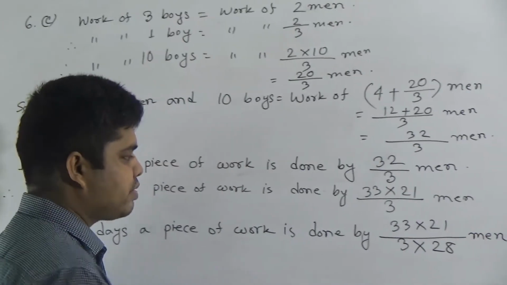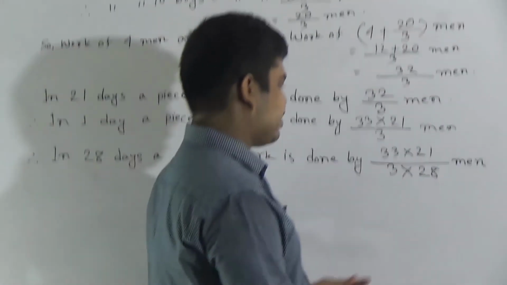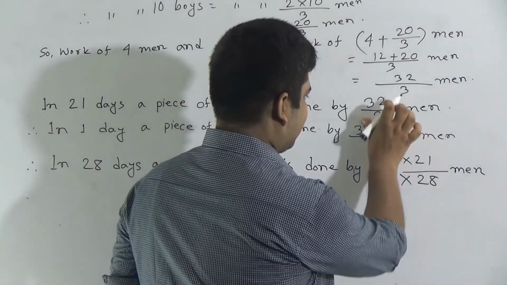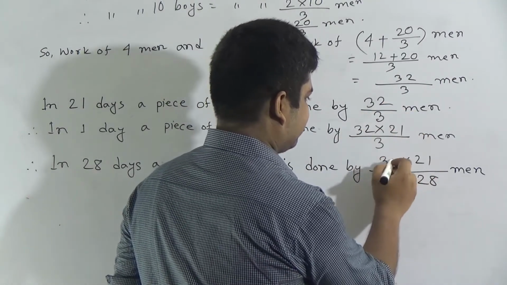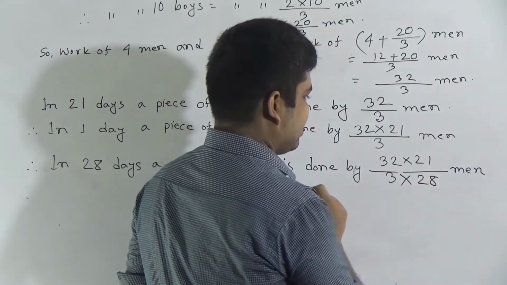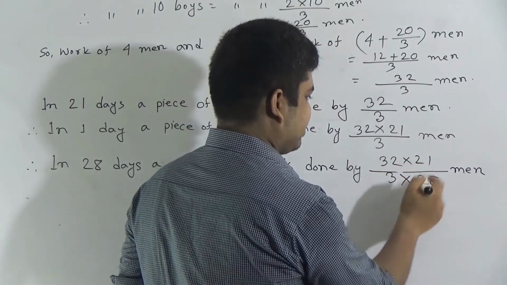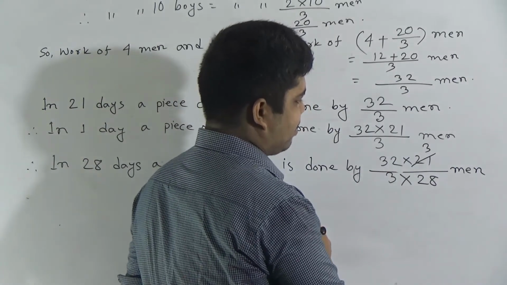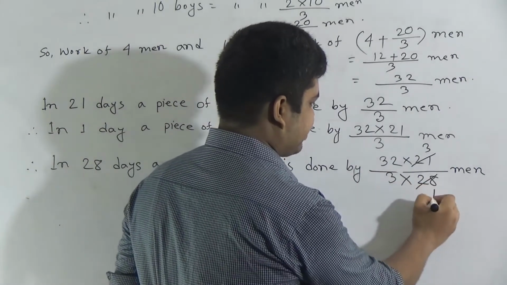Now my students, we cut this number. Here you notice, if we cut this, it will be 32. This 21 and 28 by 7. 7 3s are 21 and 7 4s are 28.